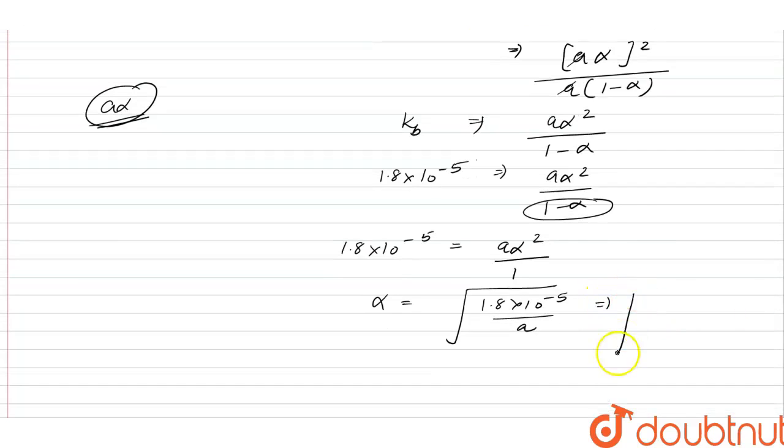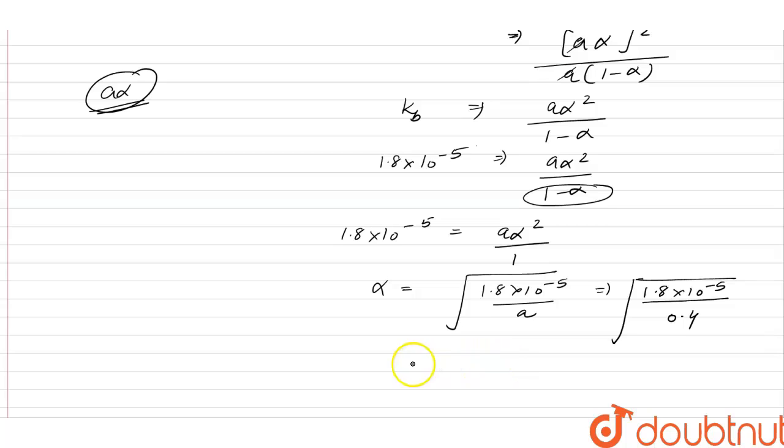So it will be under root 1.8 into 10 to the power minus 5 upon 0.4. When we calculate this value, we get 2.68 into 10 to power minus 3 molar concentration of OH negative. So this was the answer of our part A.